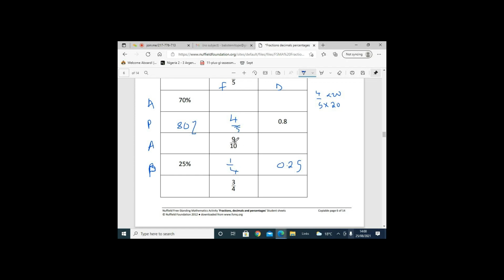The first one, what do you expect me to do? So percentage? Yeah, percentage. Okay. That is 9/10. That's a percentage. Okay, that's 90%. Then so decimal.